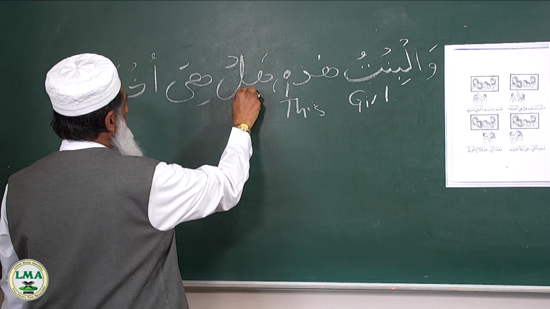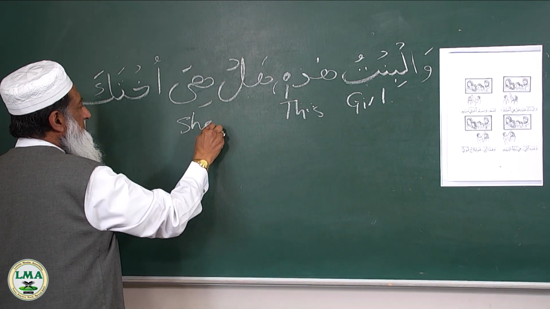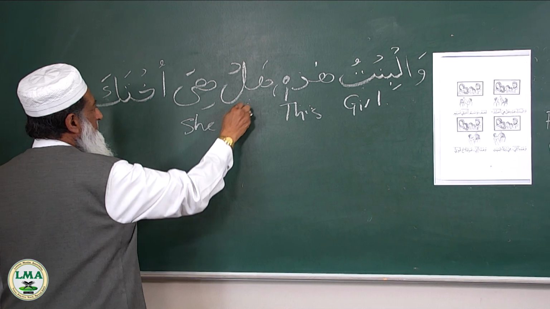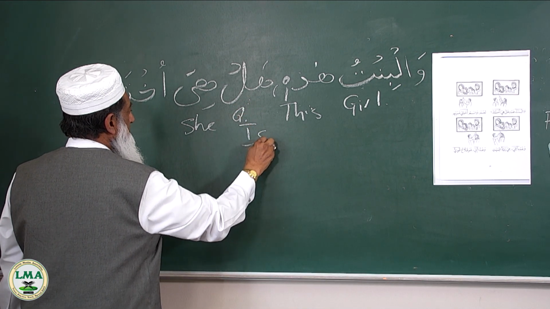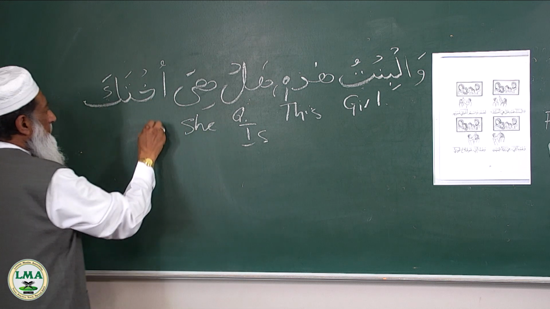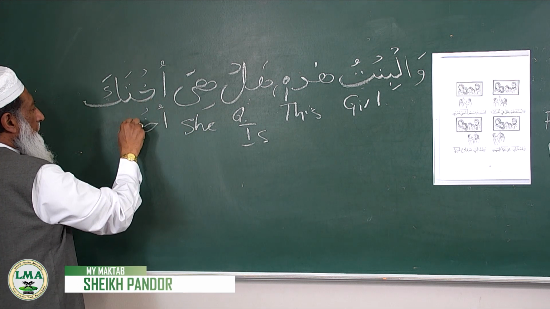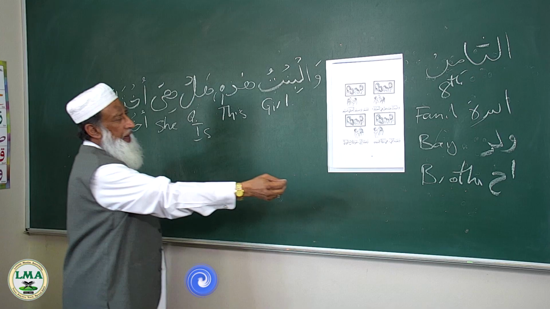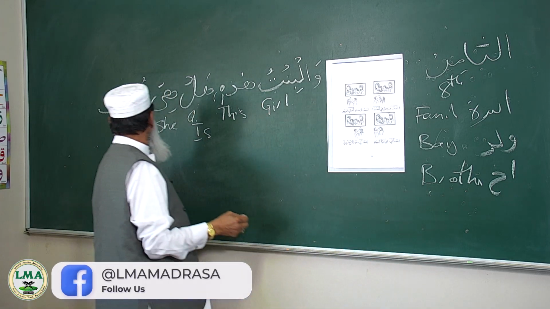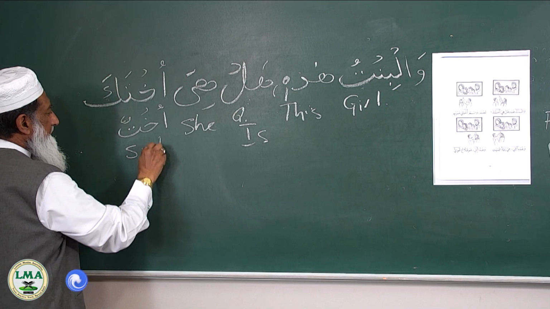Hal is our question word. I'm sure we still remember it, but just to refresh, hiya means she. So hal is your question word, and in this case we'll translate it as "is". Is she. Ukhtun: we had akhun there, which was brother, and we got ukhtun here, which will be sister.